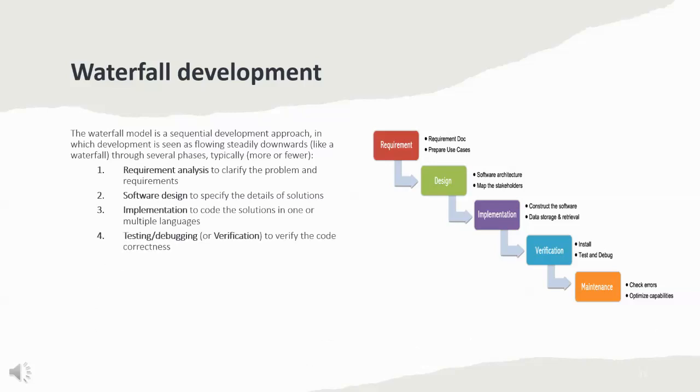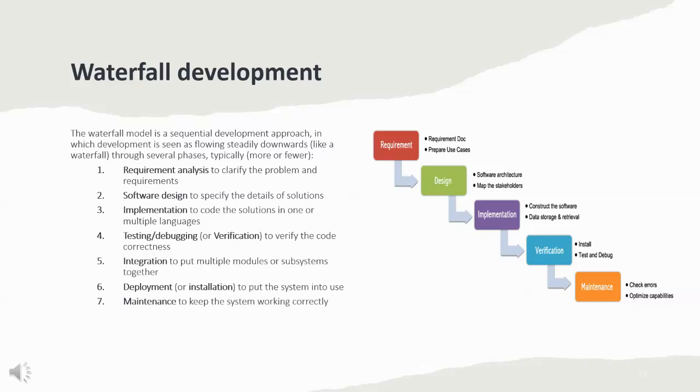Testing and debugging phase or verification phase is to verify the code correctness. Integration phase is to put multiple modules or subsystems together. Deployment phase or installation phase is to put the system into use. And finally, maintenance phase is to keep the system working correctly.